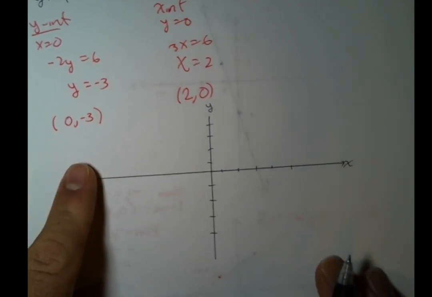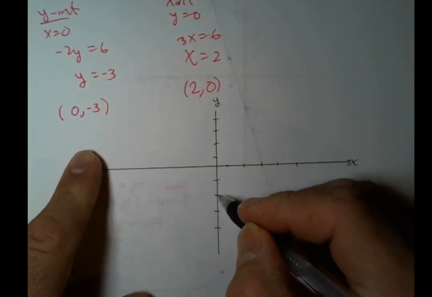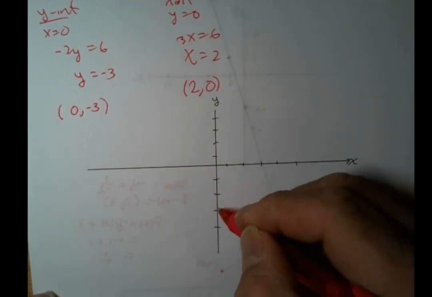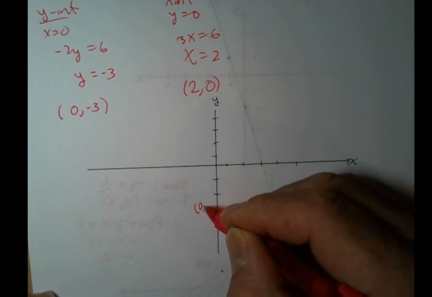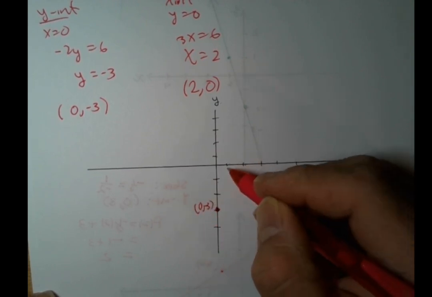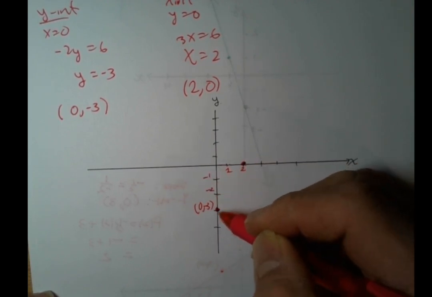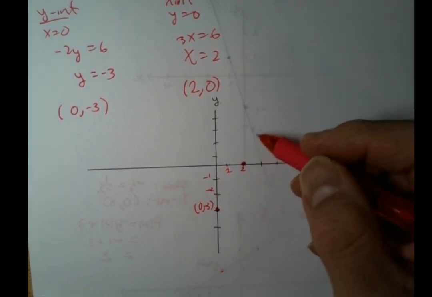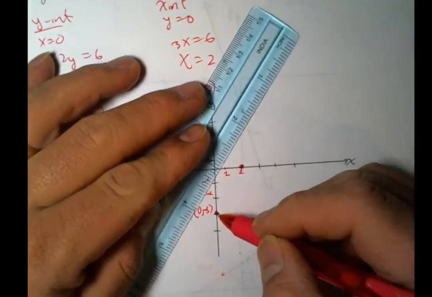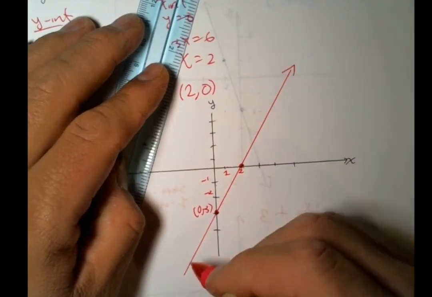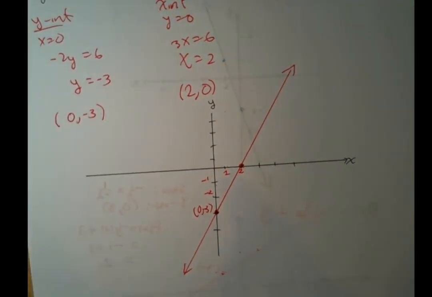All right, so plotting these, we get 0, negative 3. That's our y-intercept. And then our x-intercept is 2, 0. Okay, and then we just connect these here. And now we have the equation of our line.